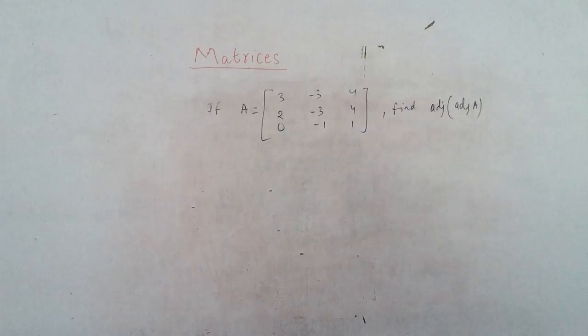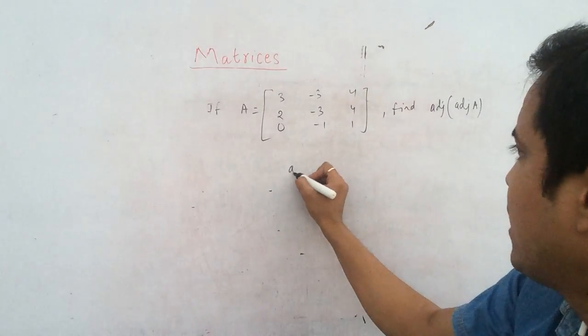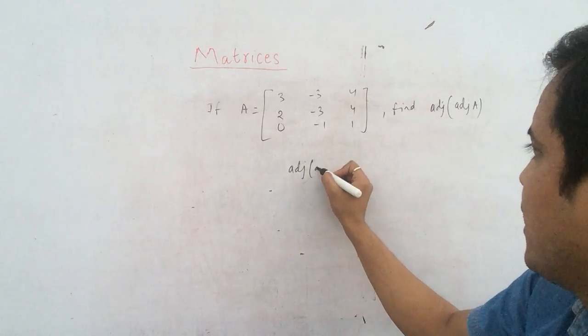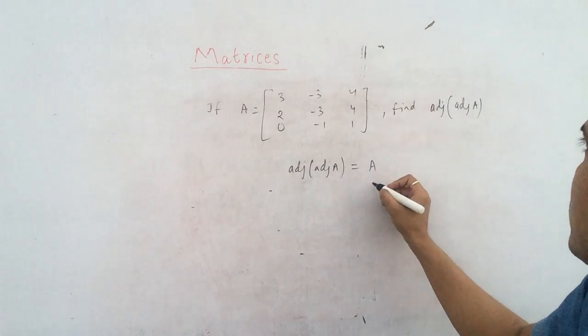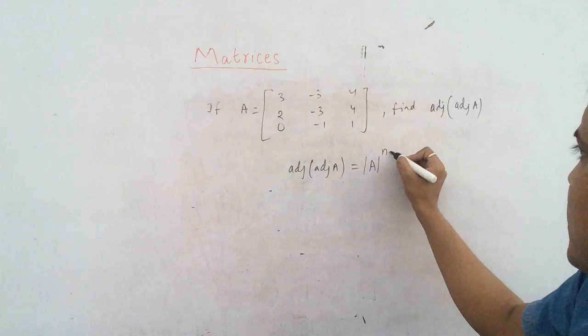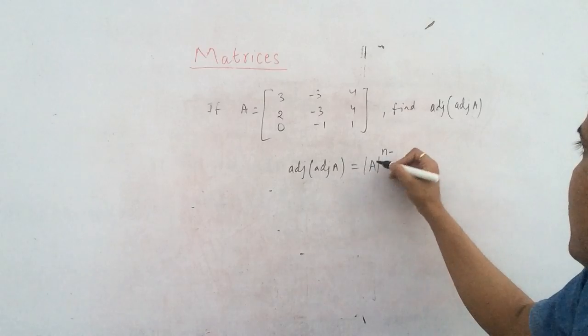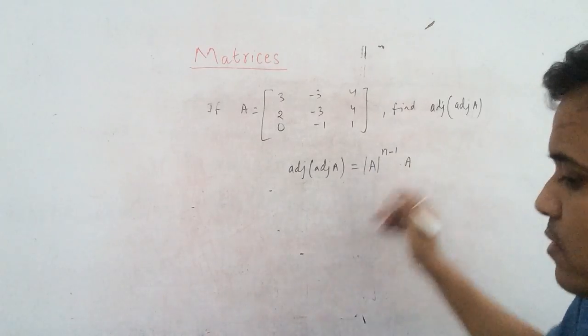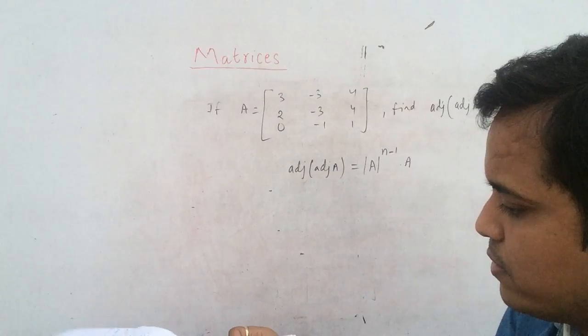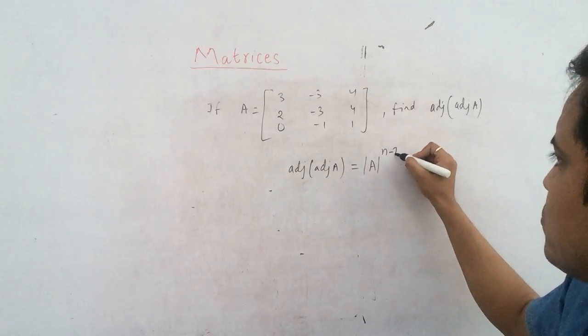No, we have to use the property. And what is the property? Adjoint of A equals A raised to power n minus 1 into A, I think. I have to check it out.